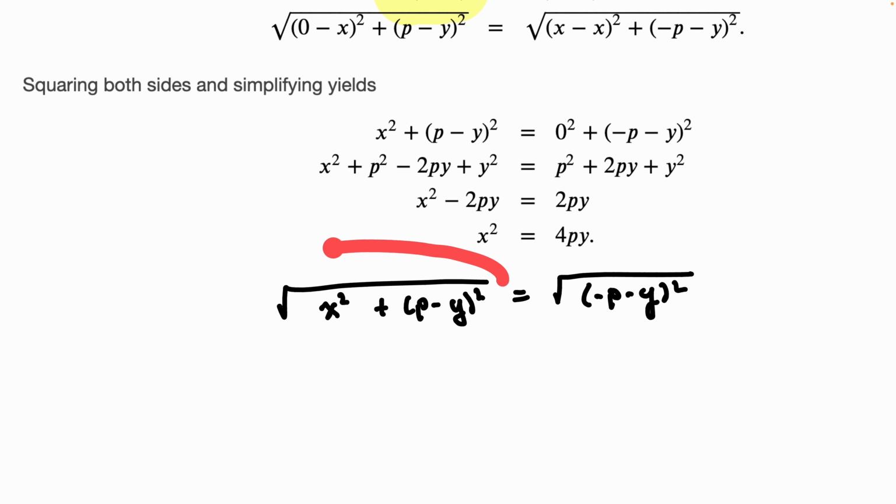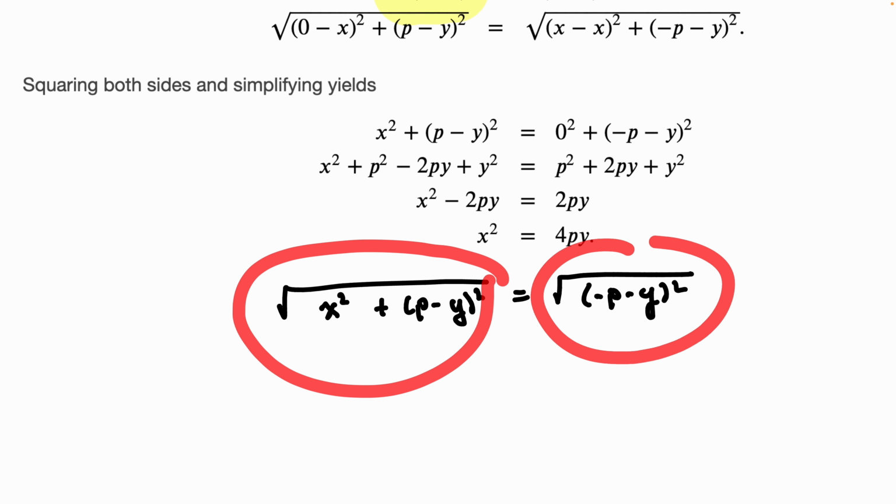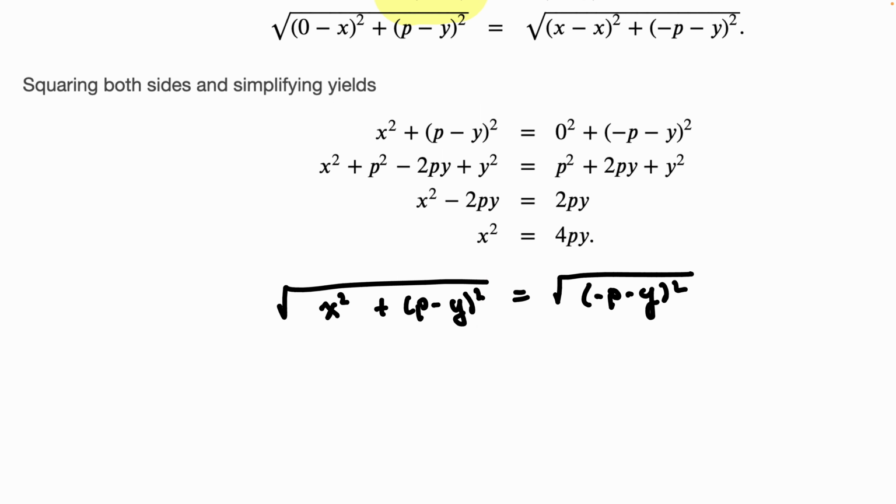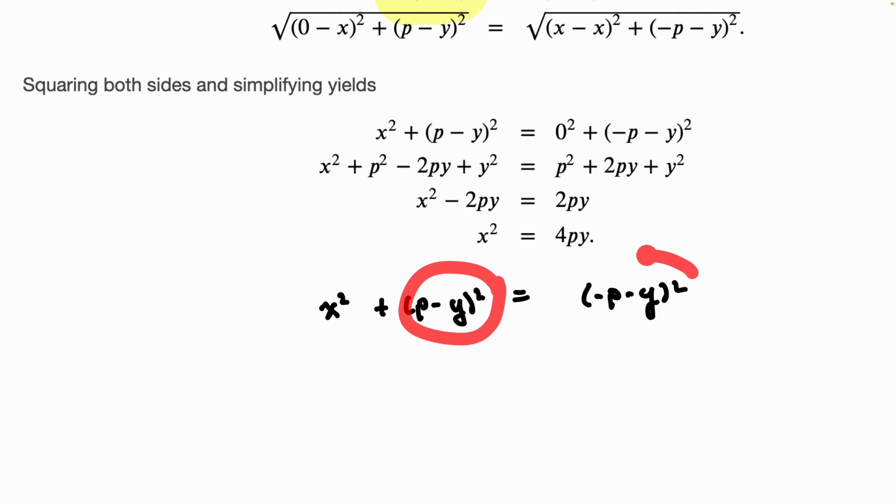Now, if we have this radical equaling that radical, then it must be the case that the radicands, namely everything underneath the radical, are the same. So we can simply get rid of that radical. Square both sides. Next, what we want to do is we want to expand these powers of 2.